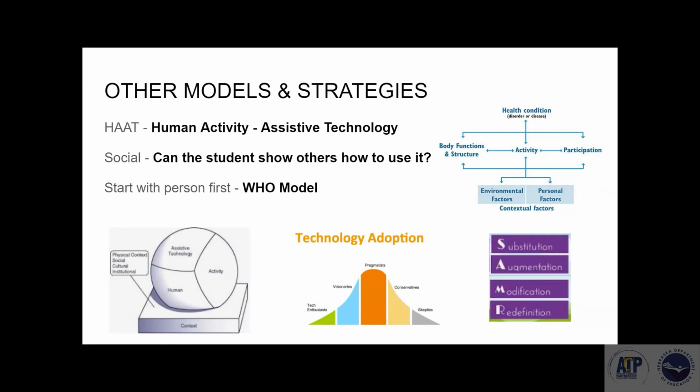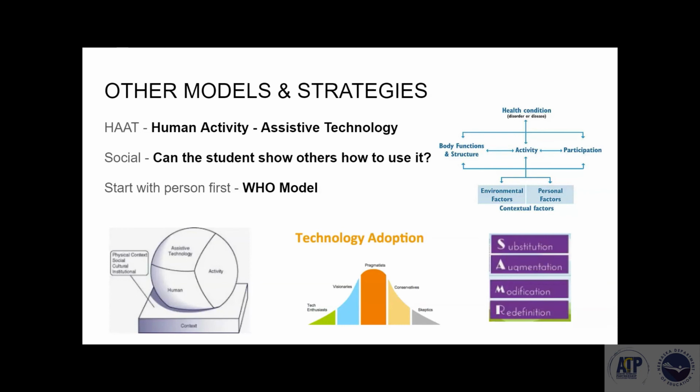And finally, we look at the context, thinking about person first. Really, the disability with the WHO model, we think about it more lying within the environment. It's more an issue with the environment than it is with the individual person. So we do start with that activity first, and then take a look at what we have as far as the student's body, their participation, motivation, their health, as well as other factors that are surrounding them.